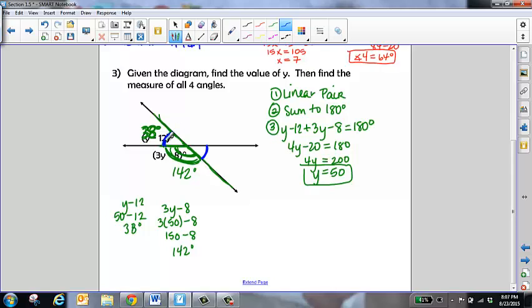So since this angle here is 38 degrees, that means that this angle here is also going to be 38 degrees. Now since this angle down here is 142, that means that the angle across from it, which is this one, is also going to be 142 degrees.